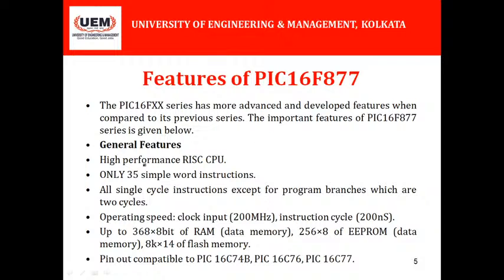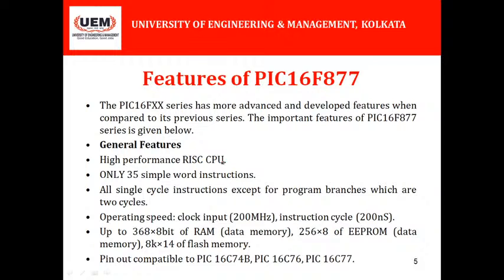The first general feature is that it is a high performance RISC CPU. What is RISC? Reduced instruction set computer. You know there are two types of computer in terms of categorization of instruction set: reduced instruction set computer and complex instruction set computer.